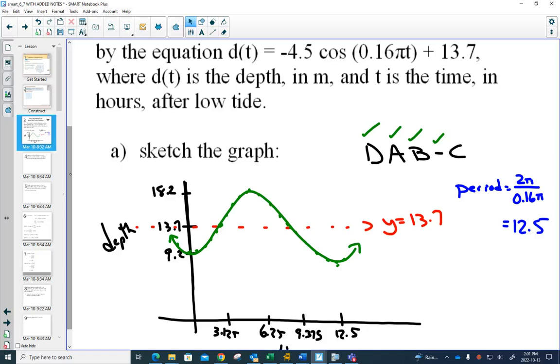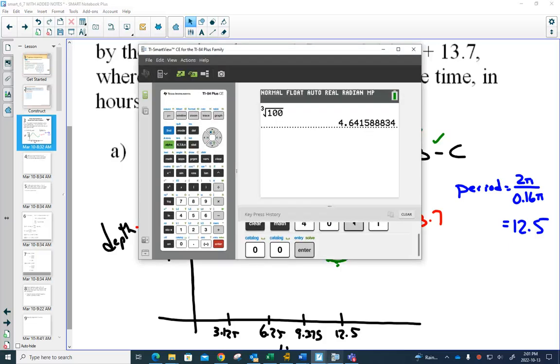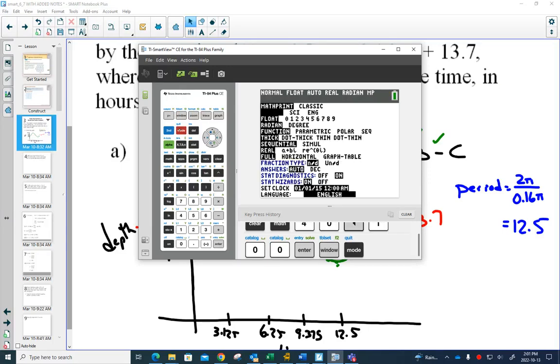So what I'm also going to show is that for those of you that have a graphing calculator, we can get this same graph on our graphing calculator. So what would that look like? Well, we make sure that we're in radians, so you can hit your mode button if you have a graphing calculator. Oh my goodness, my graphing calculator is fast. I'm in radians.